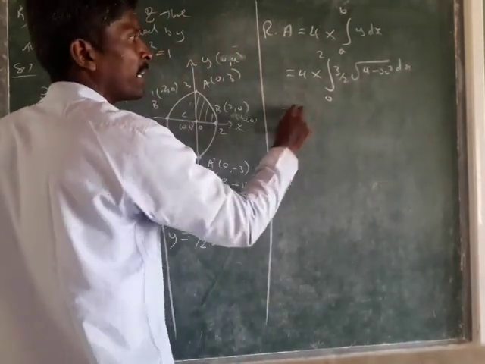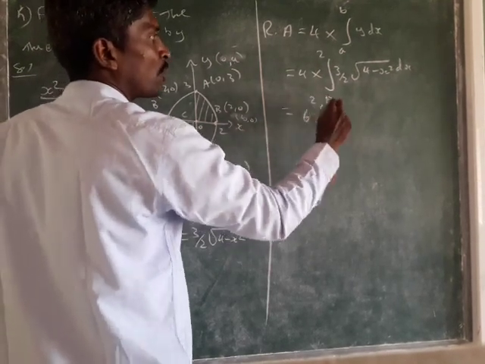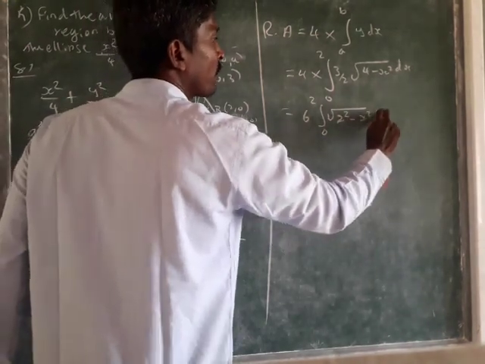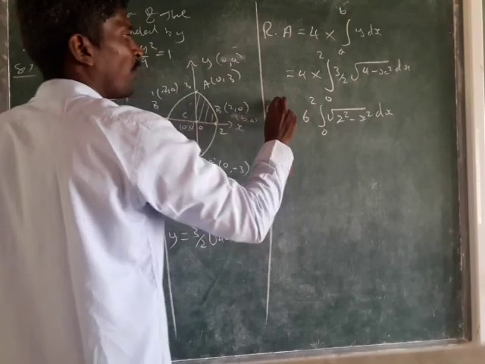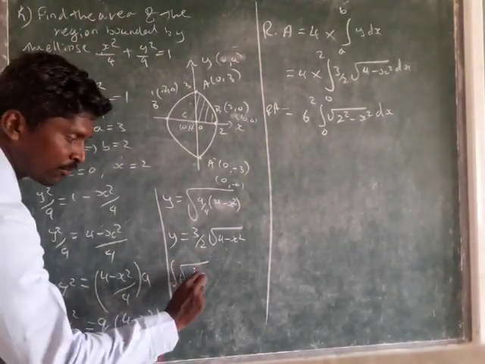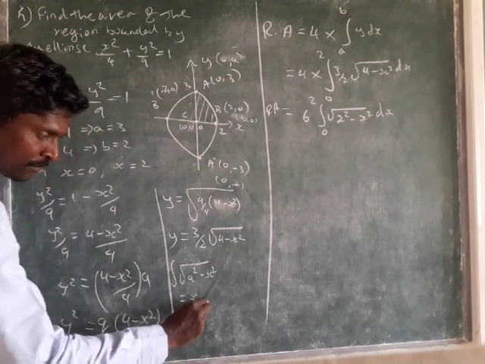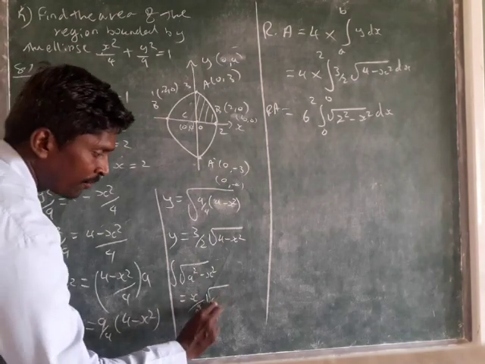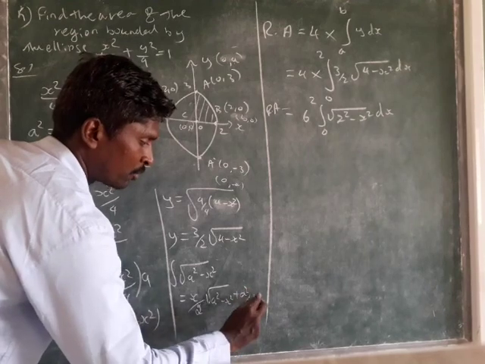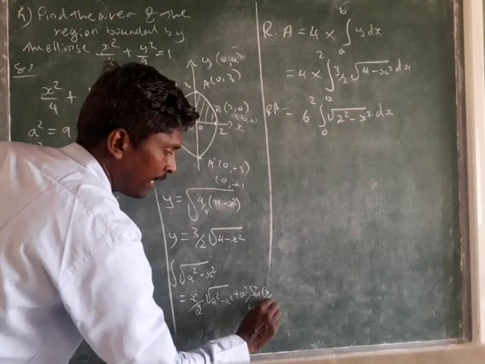When you multiply, 2 cancels, and 2 times 3 is 6. So 6 times the integral from 0 to 2 of square root of 2 squared minus x squared dx, since 4 is 2 squared. We follow the formula: the integral of square root of a squared minus x squared equals x by 2 square root of a squared minus x squared plus a squared by 2 sine inverse of x by a.